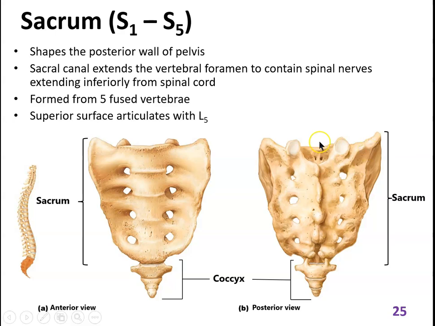So the sacrum has a canal that goes down through it, and then from that canal are holes. And the idea is, not exactly this, the spinal cord ends here, but then it sends lots of other nerves farther down into this canal, and some of those nerves come out posteriorly and some come out anteriorly.